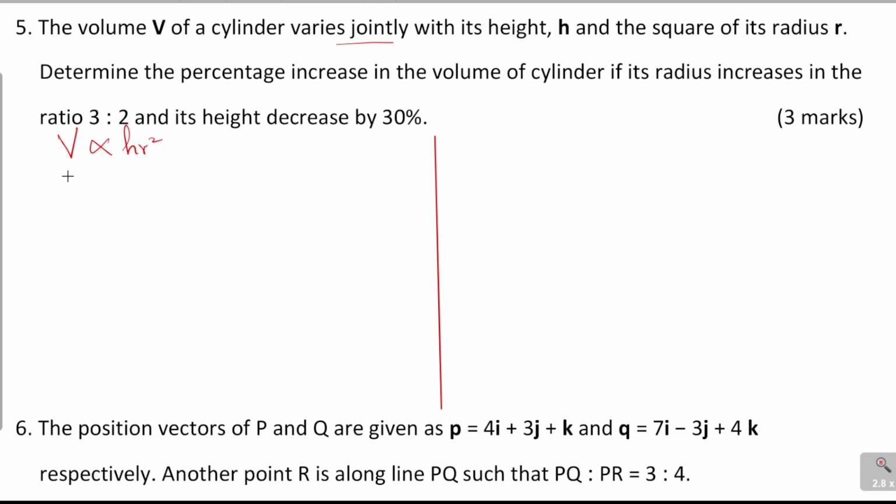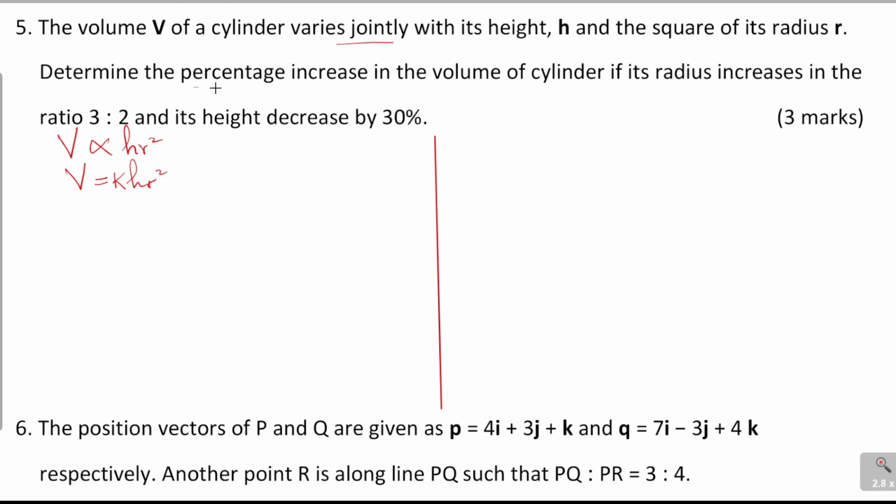The next step is to remove the proportionality sign, and we replace that with an equal sign. When you remove that sign, you have to introduce a constant, and I'll let the constant of proportionality be represented by k. Now having that, we can go to the other statement.